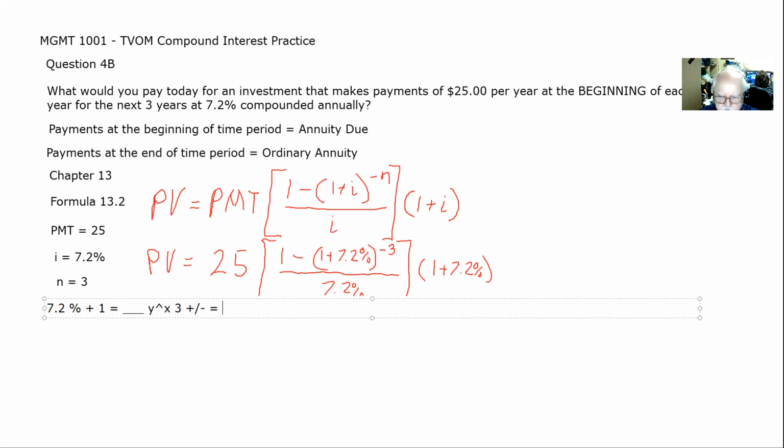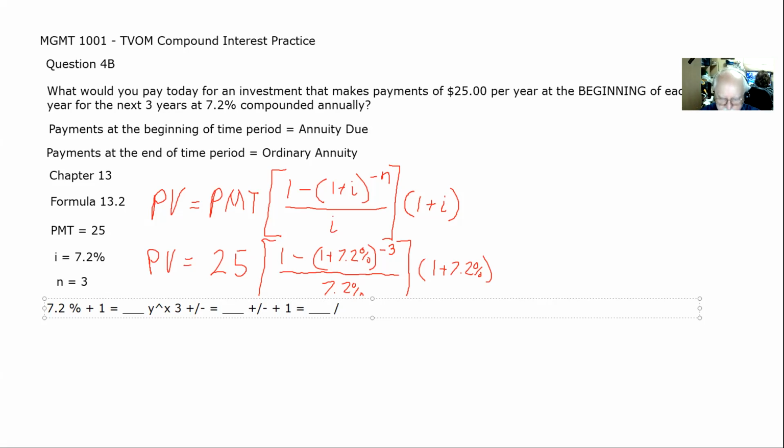See what that is, but don't take it out of your calculator. Now we're going to have to take all that away from 1, which means we're going to make this negative again. So plus minus, and now we can go plus 1 equals. See what that is, but don't take it out of your calculator.